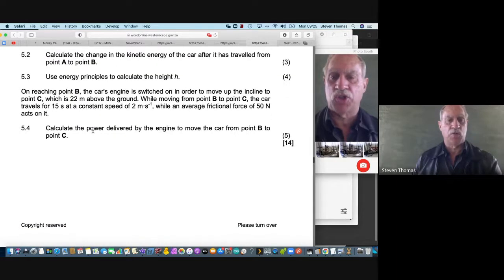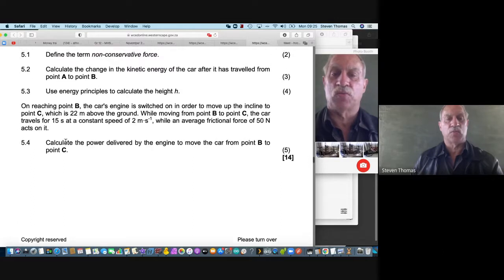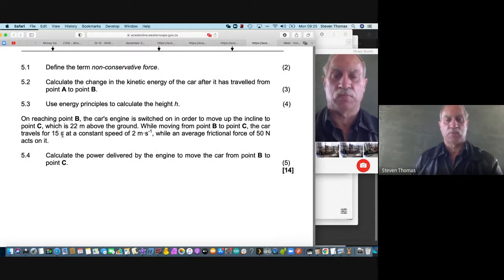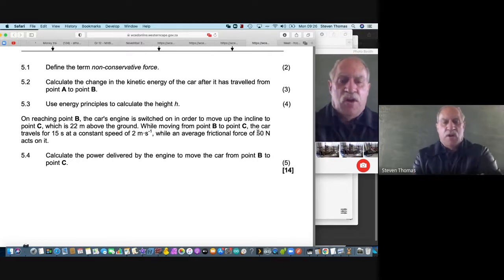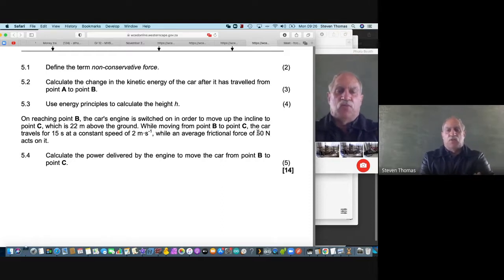Okay, so to calculate the power, we write the Work-Energy Theorem. Work net equals change of kinetic energy, which is 0. Now we start listing all the works. And what have we got? Travels for 15 seconds, with an average frictional force of 50 newtons. So how are we going to convert that 50 newtons into work?